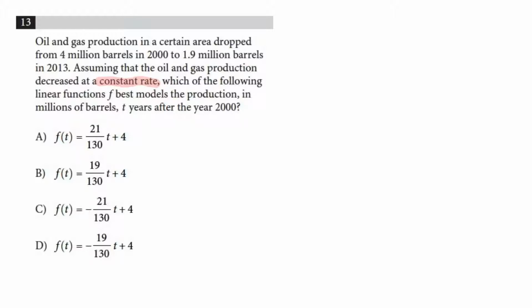Okay, so we need two things if we're going to write a linear equation. We'll need the slope as well as the y-intercept, or the starting value. The slope, or the rate of change, is just the change in the output, which is barrels, divided by the change in the input, which is years.